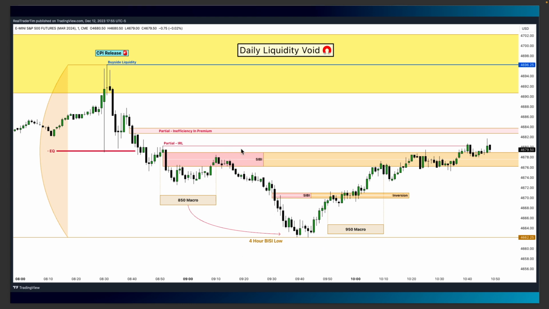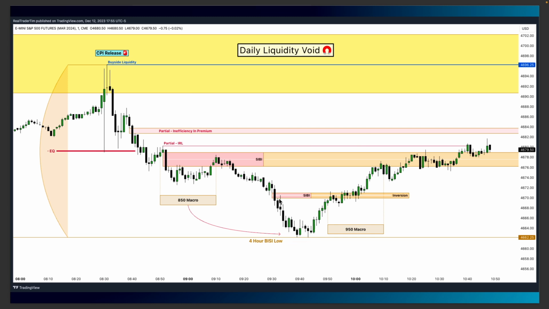Now, this is going to be important in a second, but I want you to focus on this now. The inception of this move, of course, started up here at the CPI release, but during the 850 macro, it began to move downwards. Then what occurred here? We had this little SIBI here, rejection off consequent encroachment to the tick, that sent us to this key reference point.